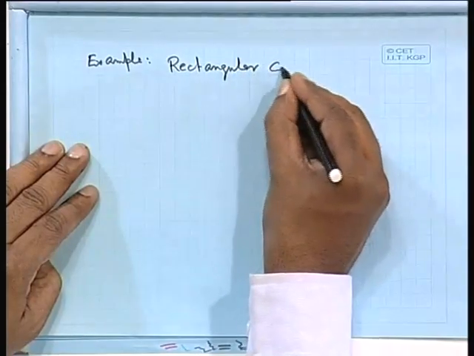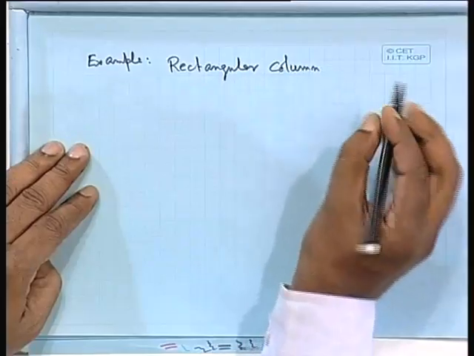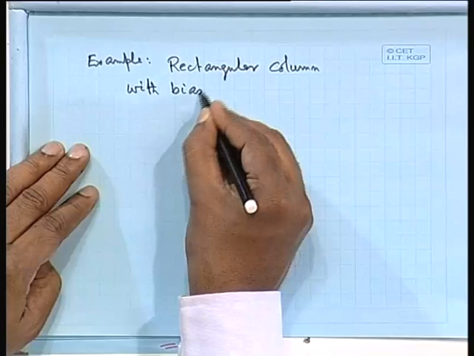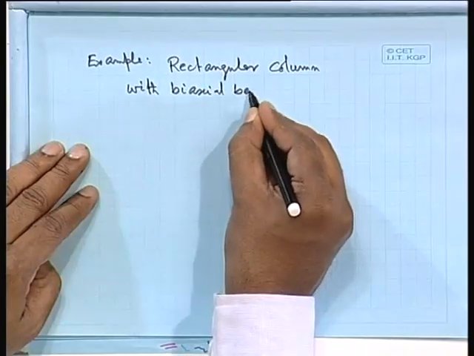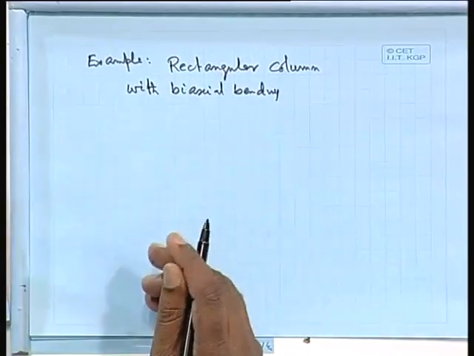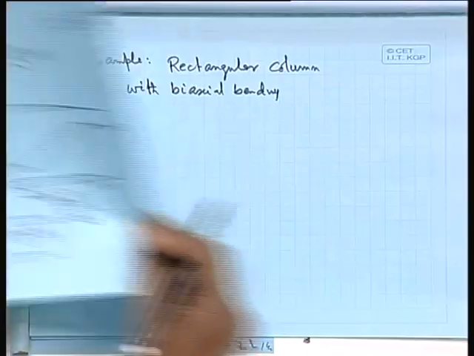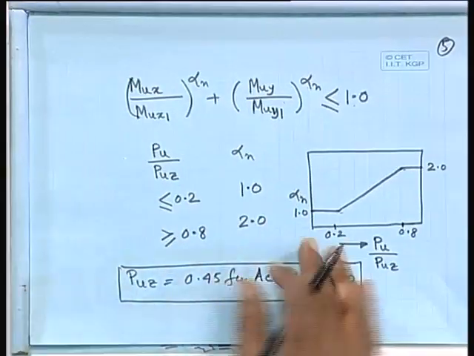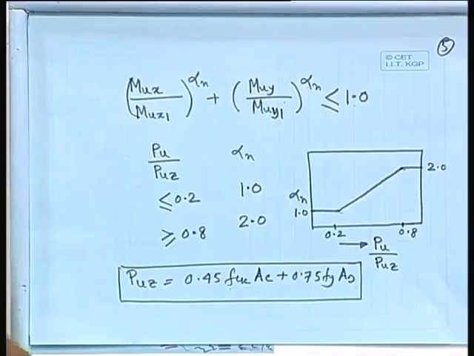So, rectangular column. One thing I should tell you, because so far I have been telling SP16: where is that in IS 456? I should refer to that clause.